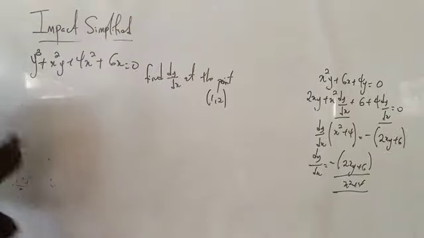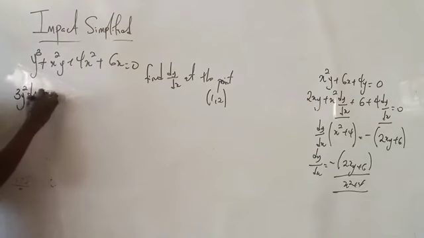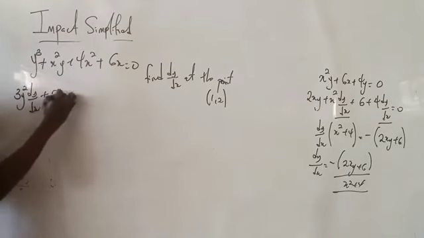So for instance, differentiate y cubed. What do we have? 3y squared dy/dx. And this is a mixture of x and y. Differentiate x squared y, we have 2xy plus x squared dy/dx. Differentiate your 4x squared, we have 8x.